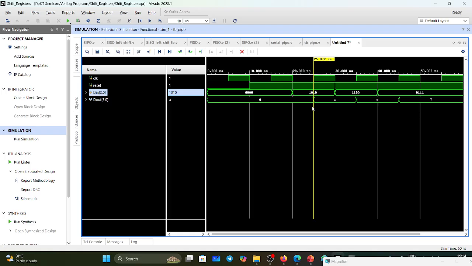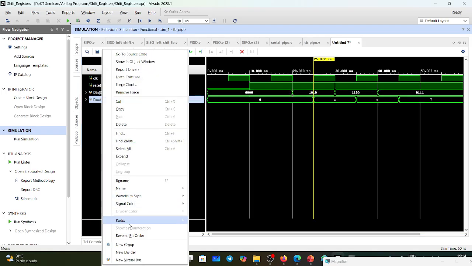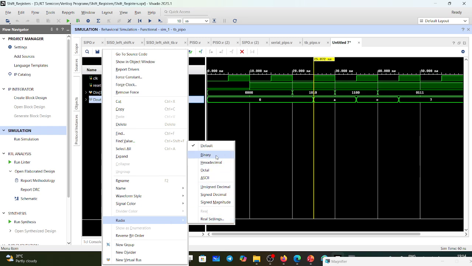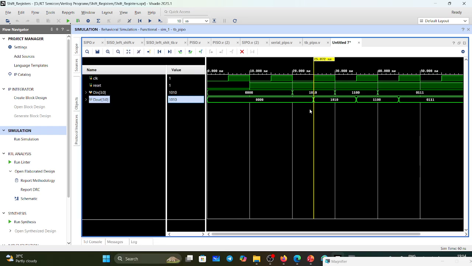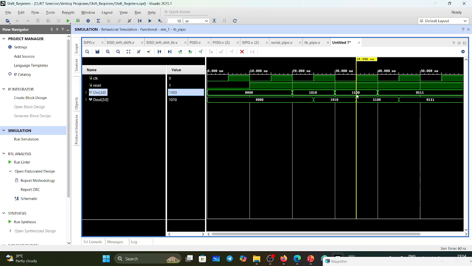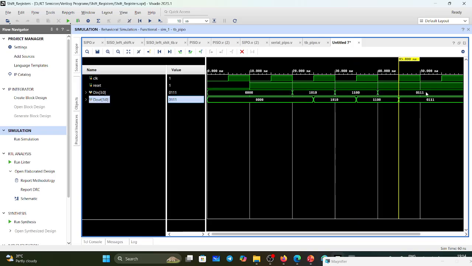So 1010 is coming at the data out, radix binary. Again during this passage of clock, 1100 is coming at the data out. Again during this passage of clock, 011 is coming. So this is nothing but parallel in parallel out.